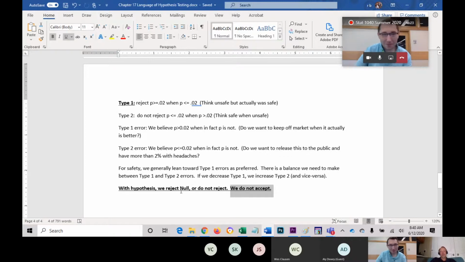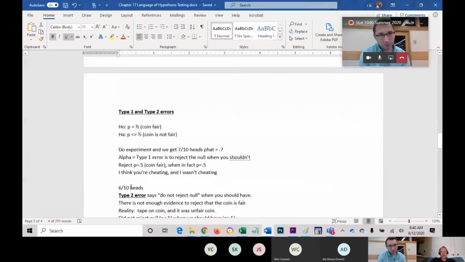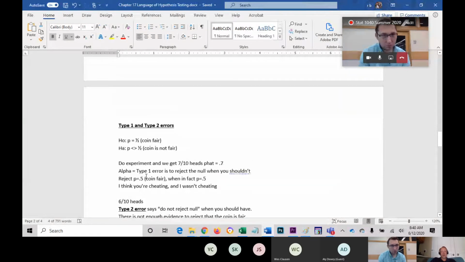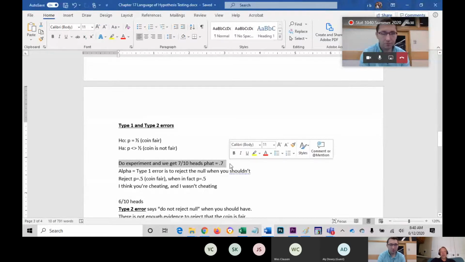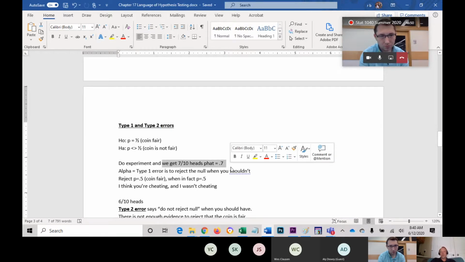So the reason why is because, going back to here, you do your experiment, you get 7 out of 10 heads, your p-hat is 0.7. We would rather reject the null or not reject the null. We would never accept the null. First of all, this is not very much evidence, right? 7 out of 10 heads.